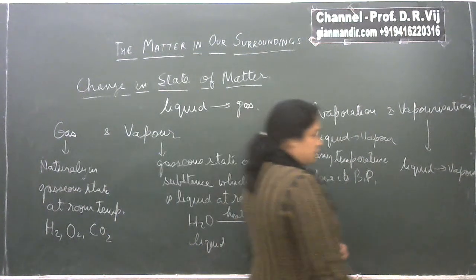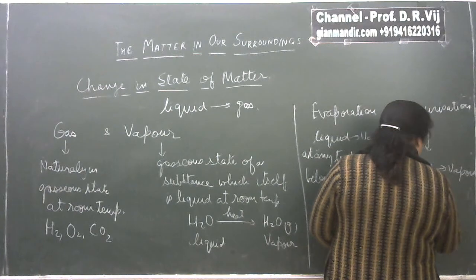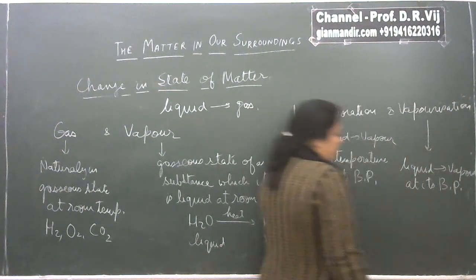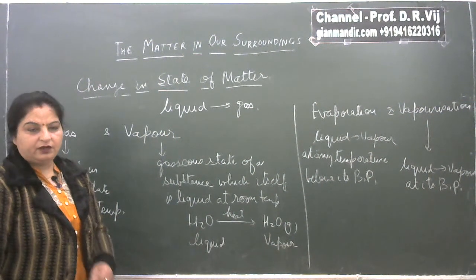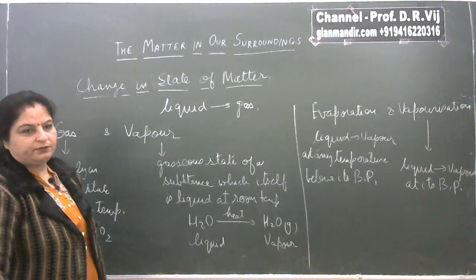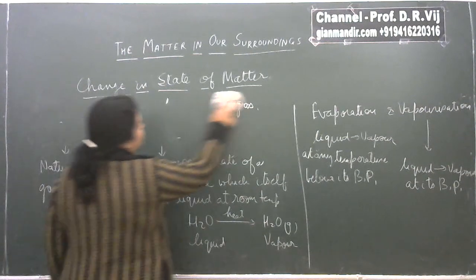Then what is vaporization? It is conversion of liquid to vapor state at its boiling point, right? So when a liquid is getting converted to vapor state at its boiling point, the process is known as vaporization.